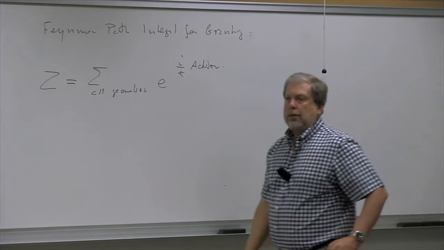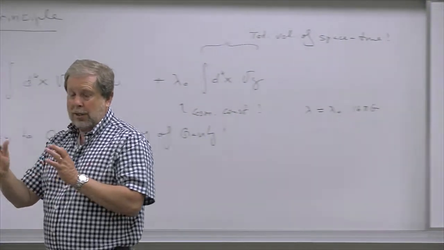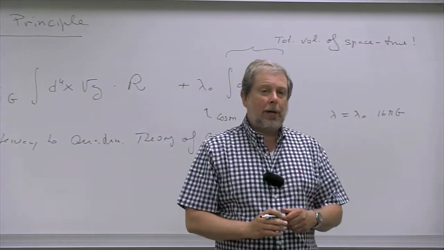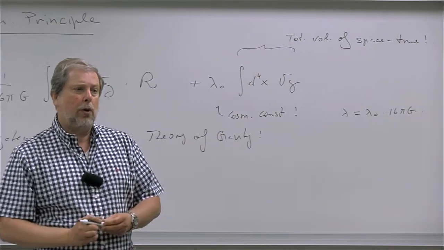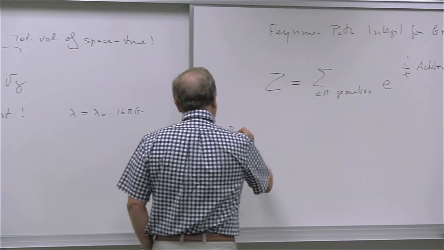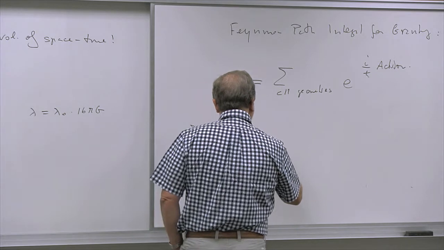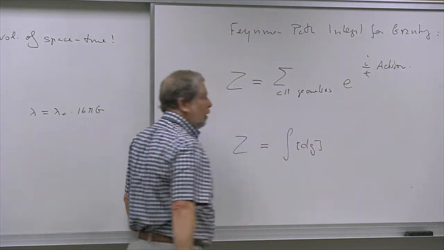Because the paths for non-relativistic particles are the x's, right? The coordinates that describe the motion of the particle. But if you're dealing with a field, then of course that's the degree of freedom you want to look at. It's the g mu nu, right? Or in this case, you want to look at Z, which is an integral over all metrics, right?